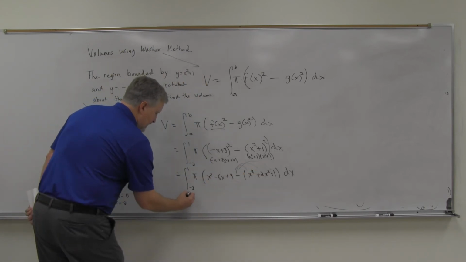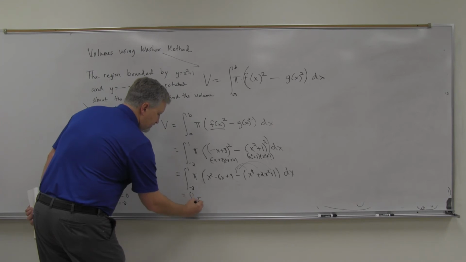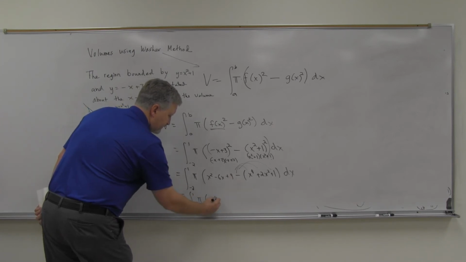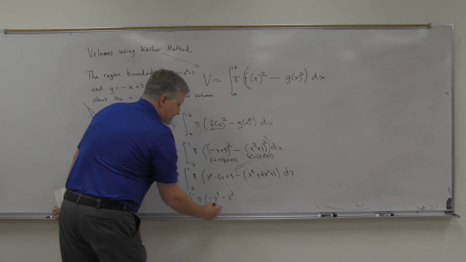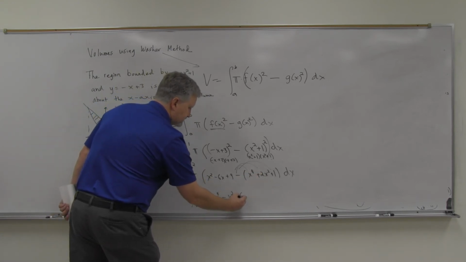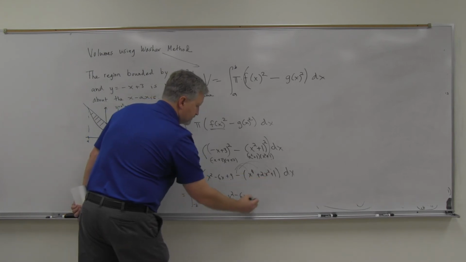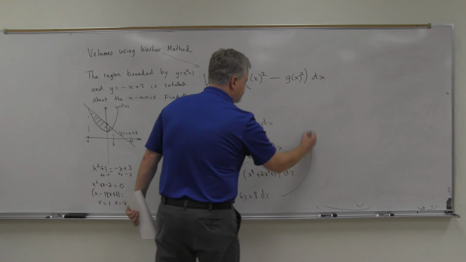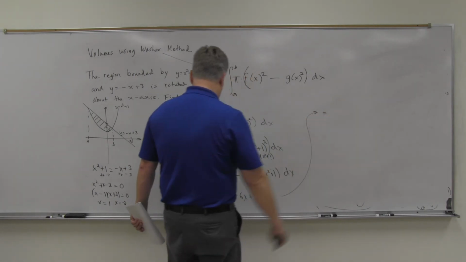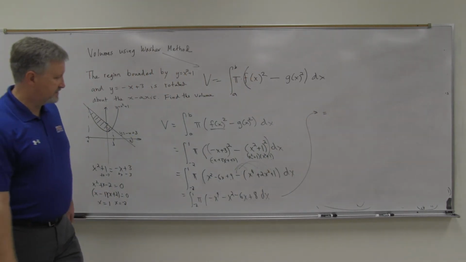So I believe what I wind up with, negative 2 to 1, pi times negative x to the 4th, x squared minus 2x squared, so that'd be minus x squared, minus 6x, then 9 minus 1, so that'd be plus 8. Now I can do my antiderivative.